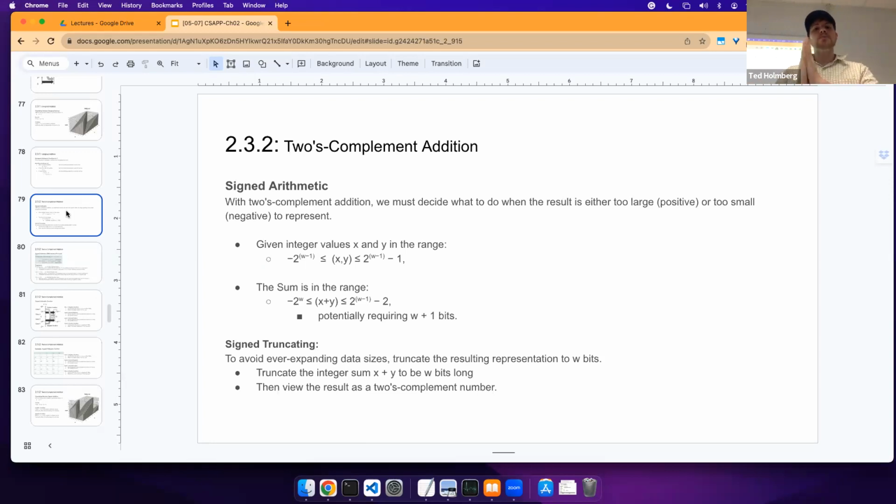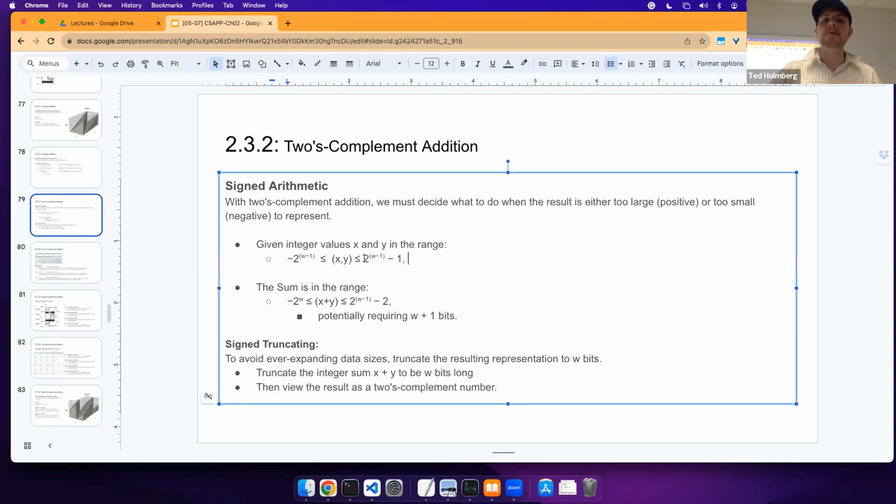Okay, so let's redefine some of our criteria here. Suppose that we're given the integer values of x and y in the range of, and we're going to adhere to the same scopes that we had already talked about when we introduced the concept of 2's complement. So we already said that some given x or some given y has to be at least minus 2 to the power of w minus 1.